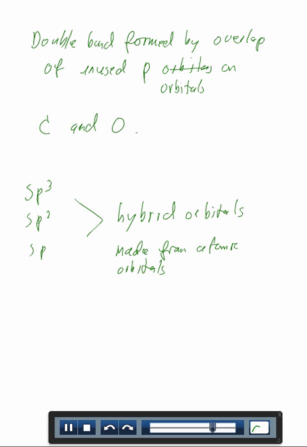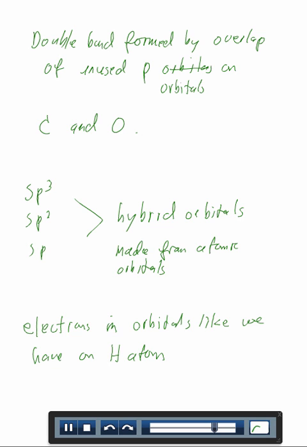This is a way of modeling electrons in orbitals like we have on the hydrogen atom that we studied before.